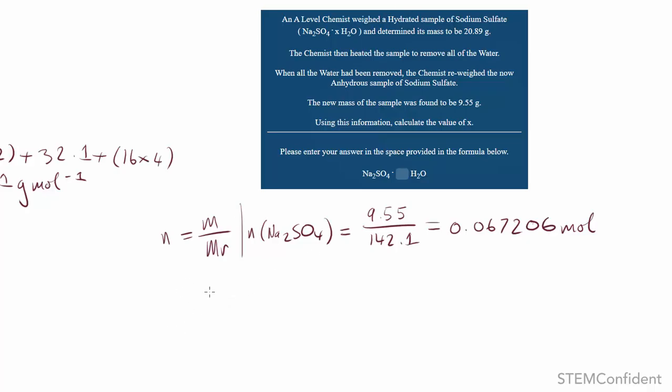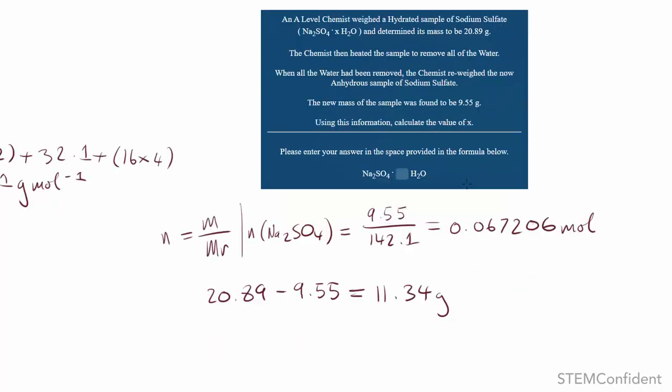In this case, that's 20.89 minus 9.55, and that's going to give you 11.34 grams.